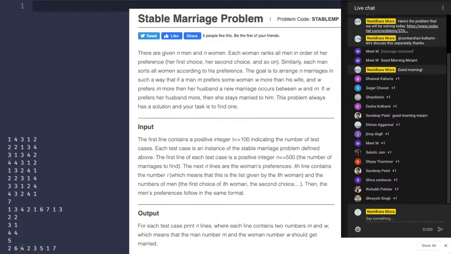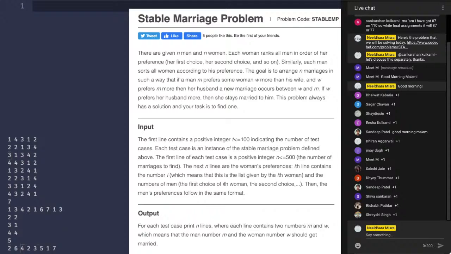Okay, meanwhile, let me just make a couple of corrections here. Okay, let me just switch over to my notes so that I can visualize this for you a little bit.